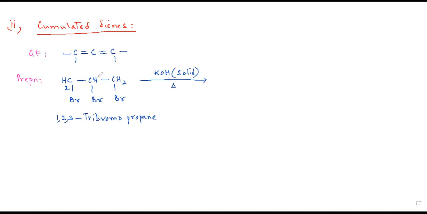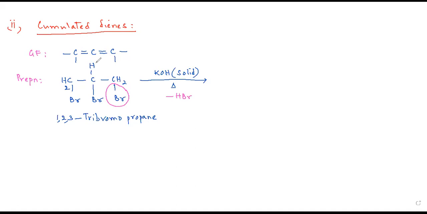Like you can say in the first step, this H and this bromine are eliminated. So let us eliminate one HBr. Okay, we'll try to show this in a proper way. Look at this. Okay.